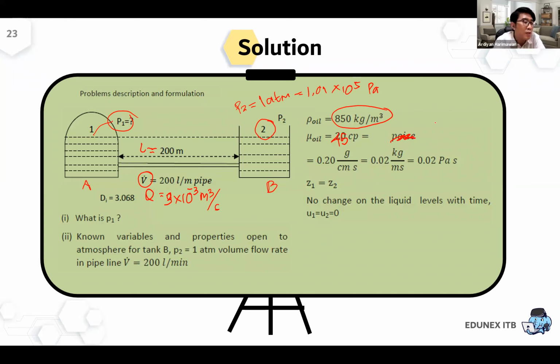What is the standard unit of the viscosity? Anyone still remember? Is it Pascal second? Yes, Pascal second. So please convert it into Pascal second.